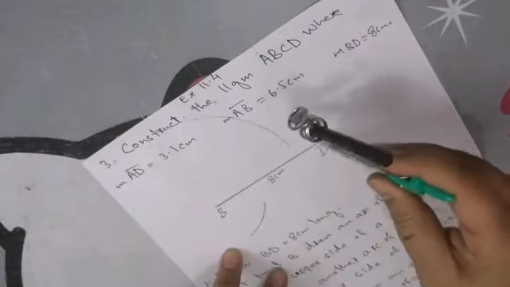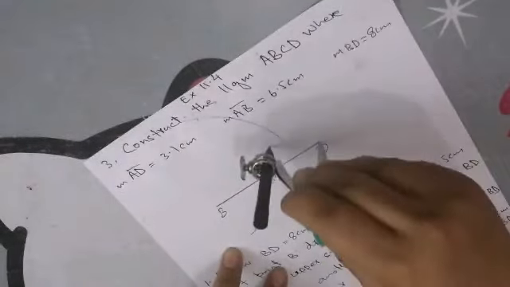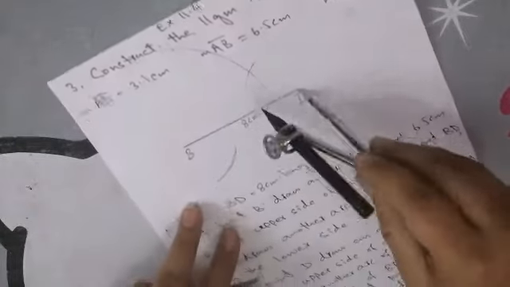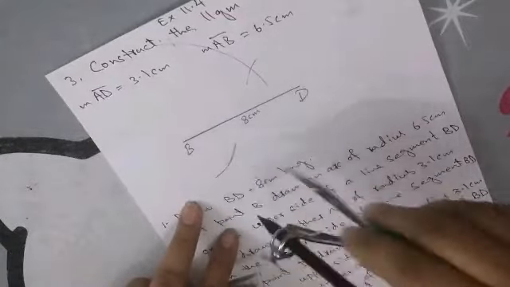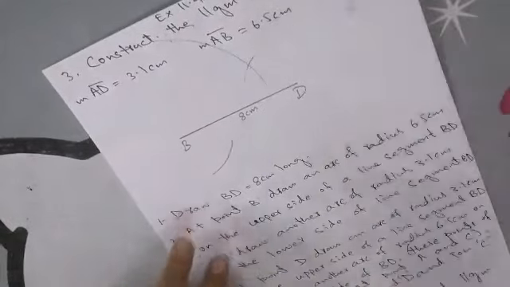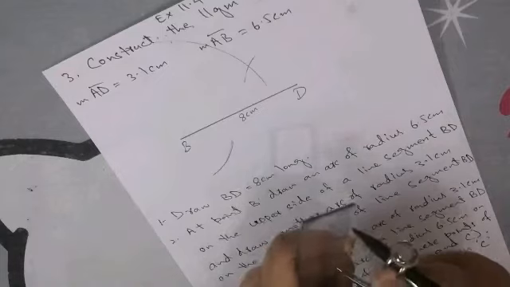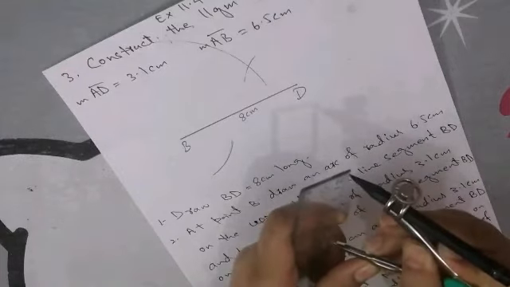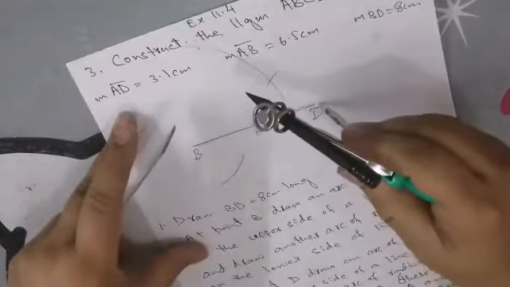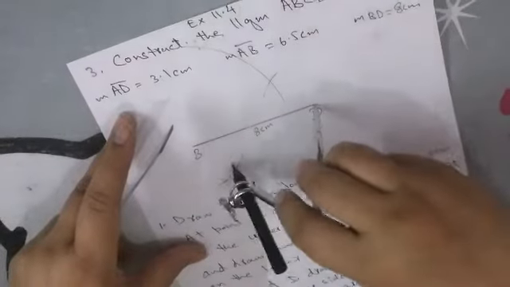At point D, on the upper side 3.1 centimeter, and on the lower side of D we draw another arc which is 6.5 centimeter.